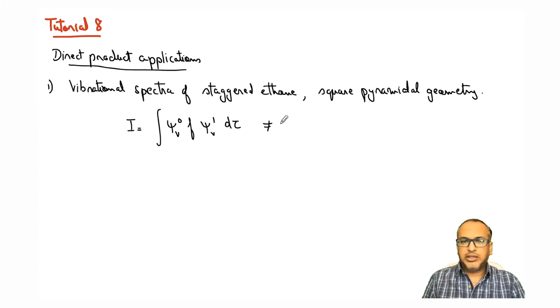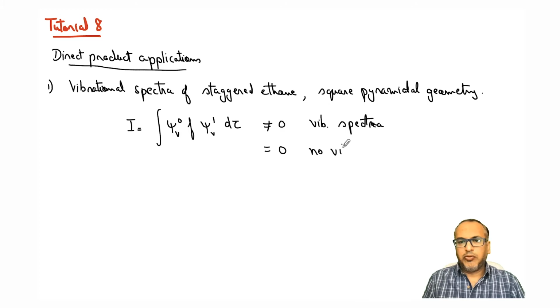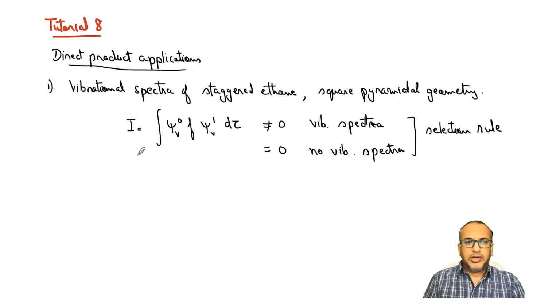If this integration does not go to 0, we will see vibrational spectra. If this integration goes to 0, no vibrational spectra. Together, this is called the selection rule.